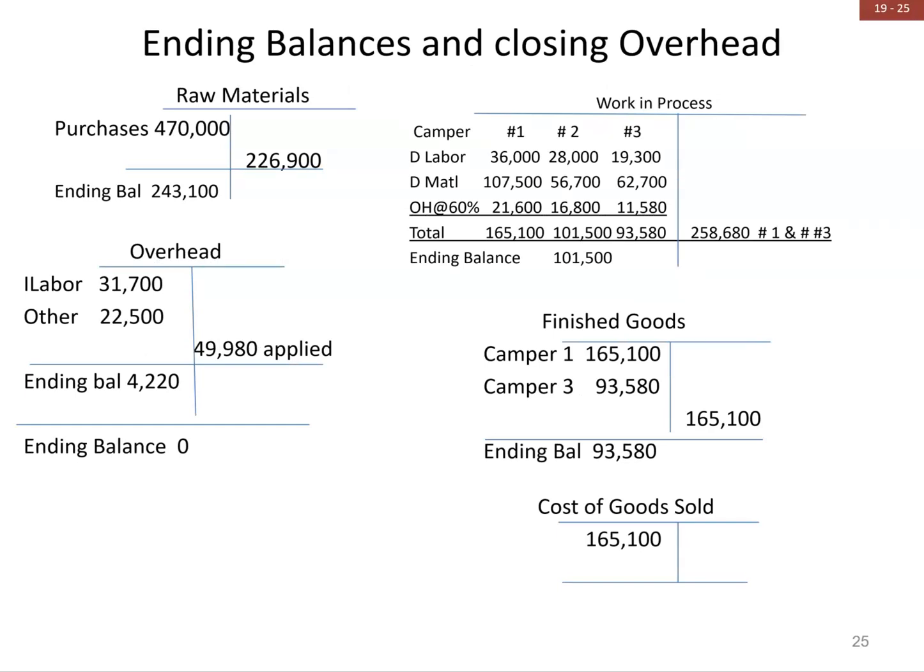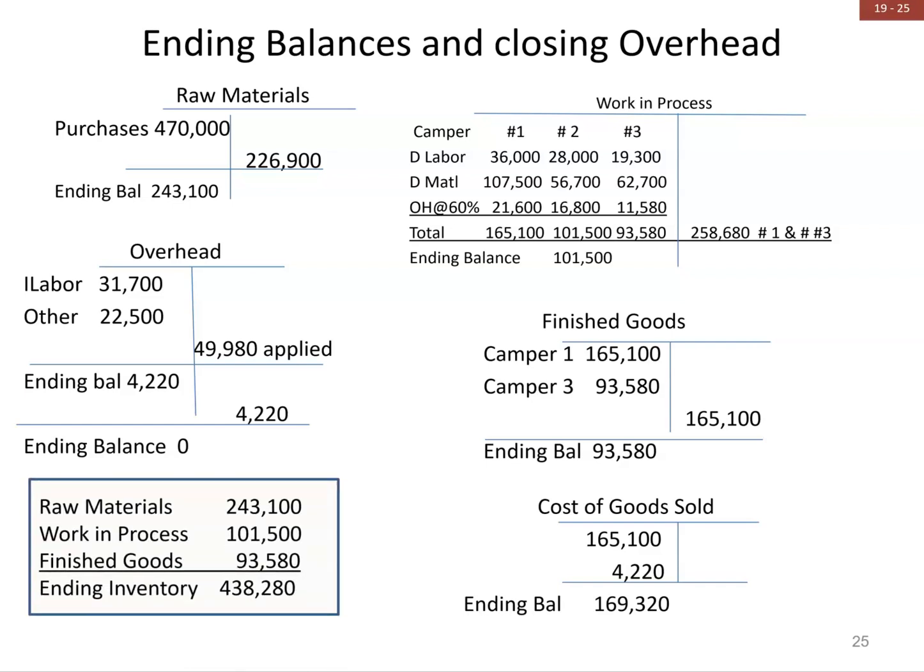And if you notice now, we have zeroed out overhead, and now cost of goods sold is increased to $169,320, and that cost of goods sold is what's going to appear on our income statement, and the $438,280 is what's going to show on our balance sheet. And that concludes our journal entries.